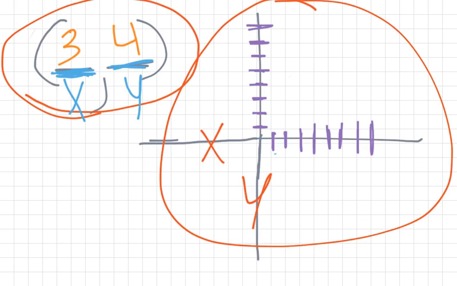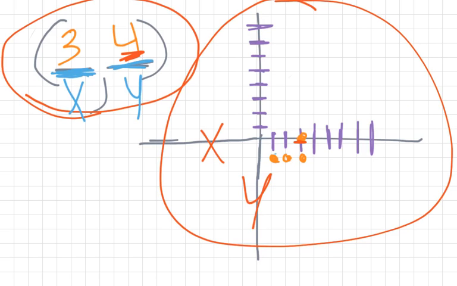Now let's actually practice and put this coordinate on this graph over here to the right. Okay, 3, 4. I'm going to count, and I want you to count with me. I'm going to count 1, 2, 3. Okay, so I'm starting at this point right here. Now, this dot is going to go up 4 times.